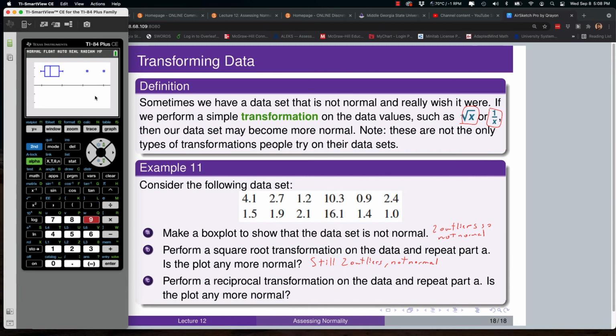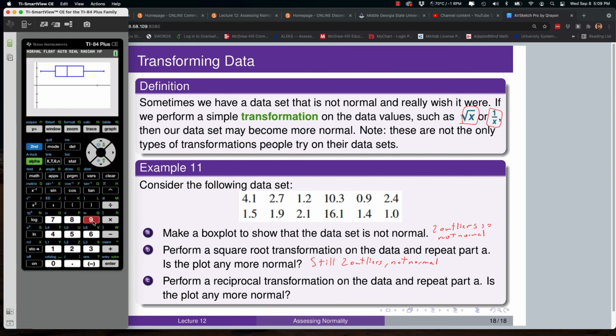So let's see if the reciprocal one fixes the issue. So again, I have that data set in my list 5 in this case. So I just need to go on my stat plot and change that feature to saying list 5. So let's change it to list 5. All right. And then we're going to do zoom 9 again.